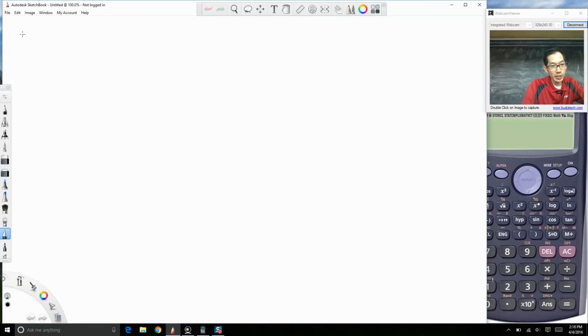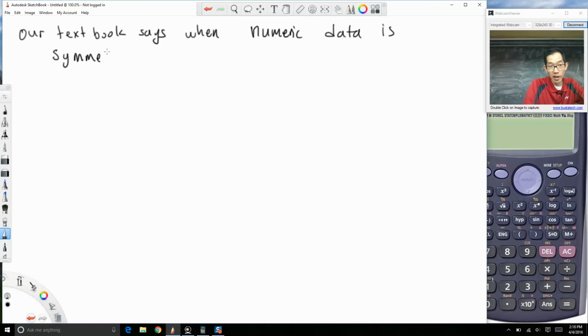Our textbook says, when our numeric data is symmetric, what does it mean for our numeric data to be symmetric? Evenly distributed?